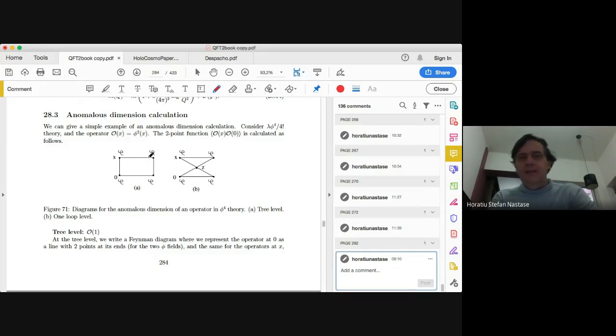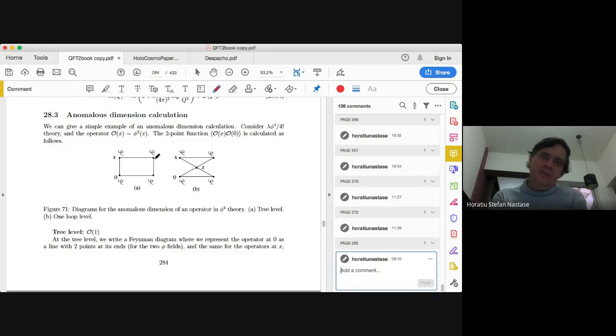And then for the other operator at x, in the same way, we imagine point splitting regularization. So we write it on the sheet as a line between 2 points, but this line is supposed to represent the operator at point x, again connecting one phi with another phi.